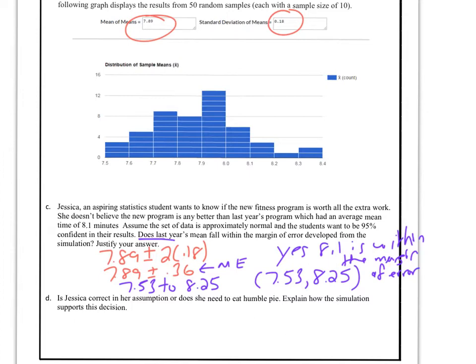It's very easy to tell what's within the bounds that occur due to random variations because you have a confidence interval, and your confidence interval tells you what are likely values to occur. So we have the 7.89 right here, plus or minus our 0.36. This gives us the bounds that would occur due to random variations.